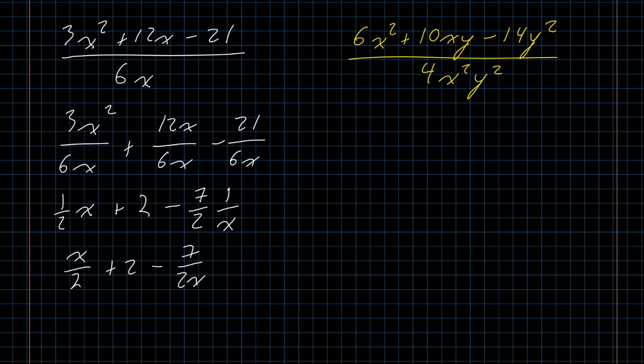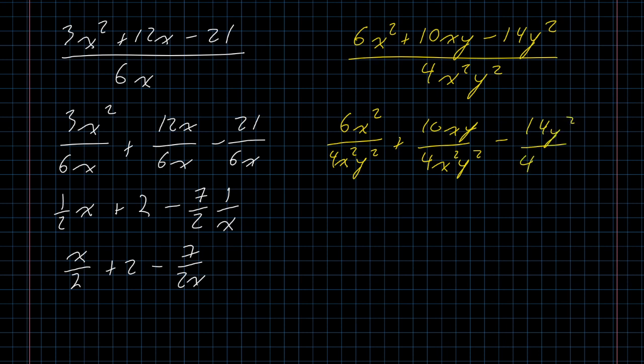Using the same rule we've been talking about, I can split this up. 6x squared over 4x squared y squared, 10xy over 4x squared y squared, 14y squared over 4x squared y squared.